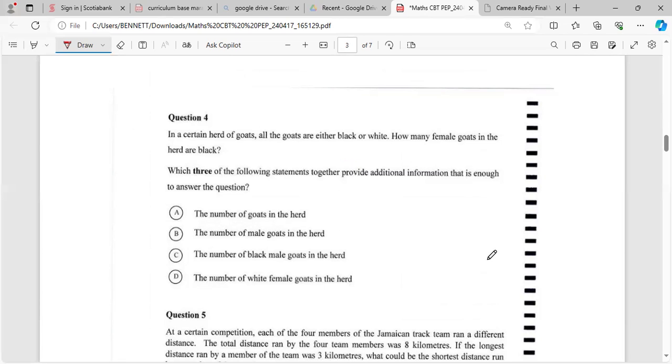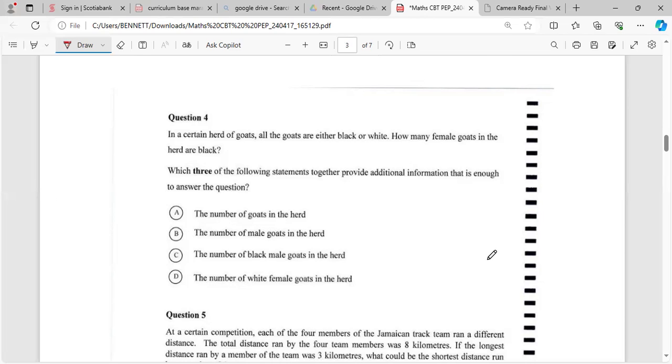Question four says, in a certain herd of goats, all the goats are either black or white. How many female goats in the herd are black? And they say no. Which three of the following statements together provide additional information that is enough to answer the question?